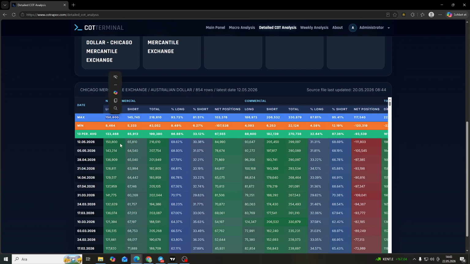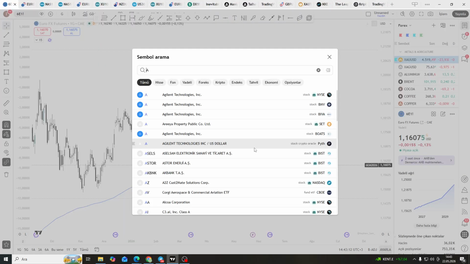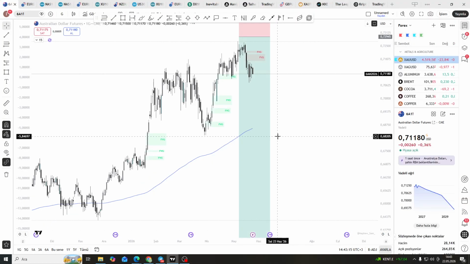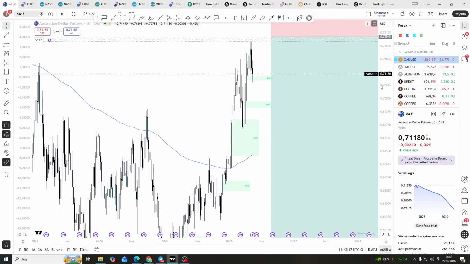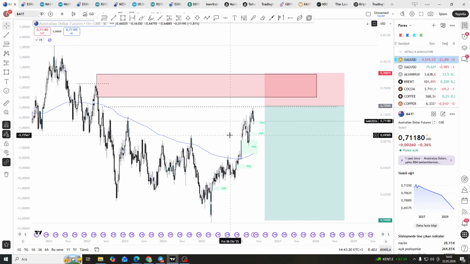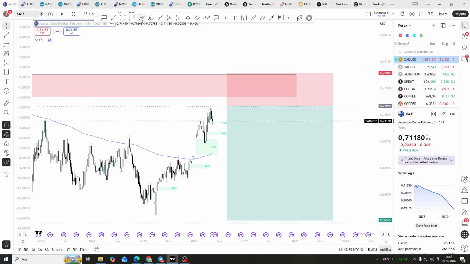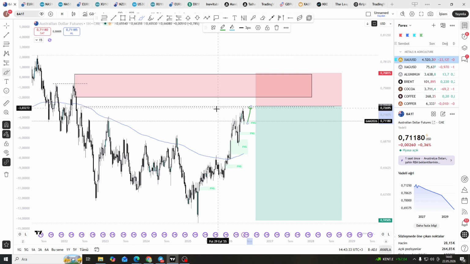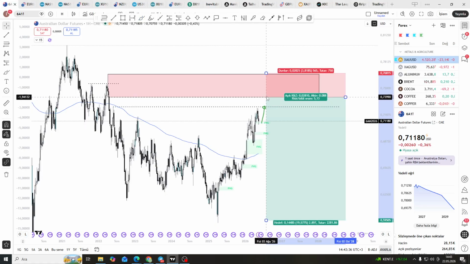We can see they have maxed their positions, so we are clearly waiting for a reversal on AUD/USD. If you look at the Australian dollar futures chart, I'm expecting this move, and after 0.73 I will expect shorts, but it is better to short from this area.